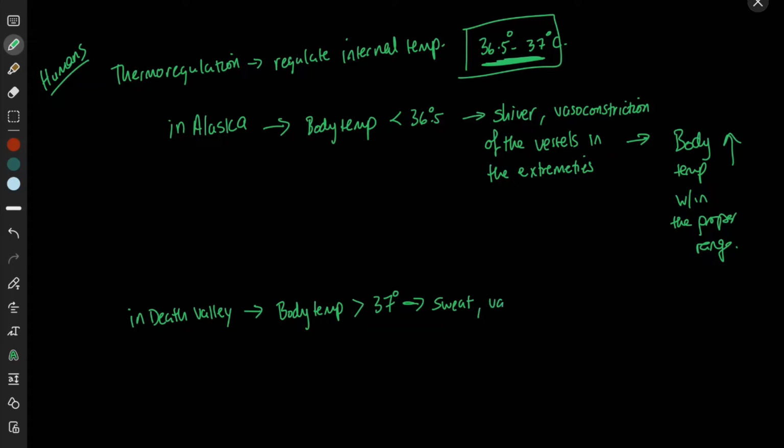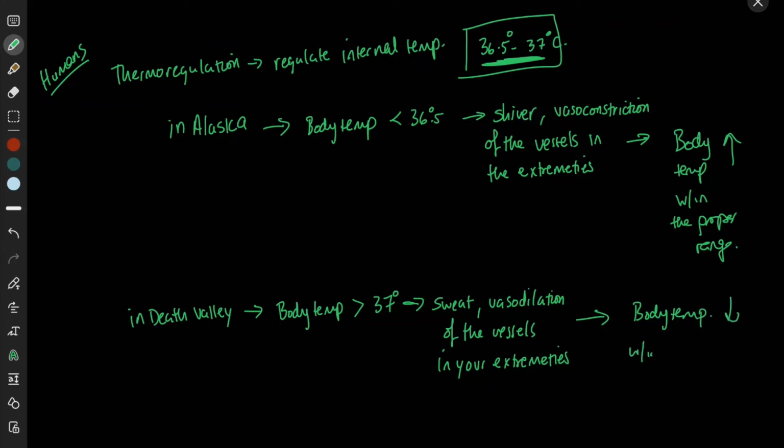The other thing that happens is the opposite of vasoconstriction. You have vasodilation of the vessels in your extremities. And this allows for greater heat exchange and so greater heat dissipation. And again, the result is the opposite in that your body temperature will drop to be within the proper range.